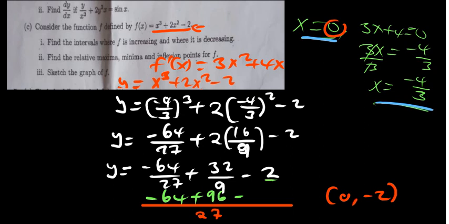Minus here I have 1 into 27, 27. 27 times 2 is 54.